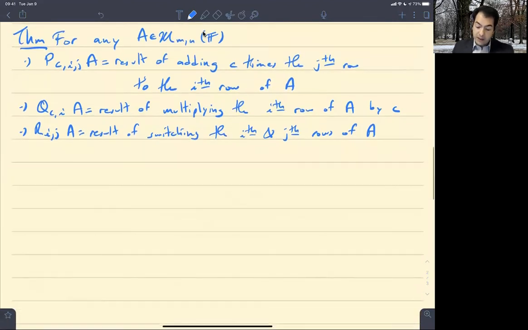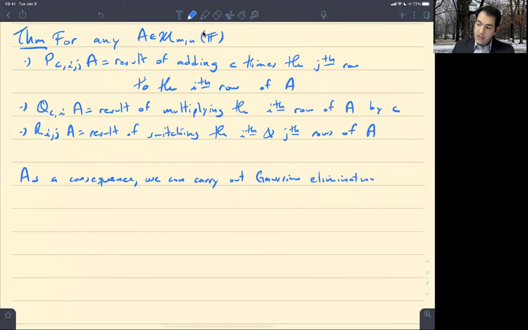Okay, and once we have that theorem, an obvious consequence is that we can carry out Gaussian elimination on a matrix A by multiplying it with a bunch of elementary matrices.